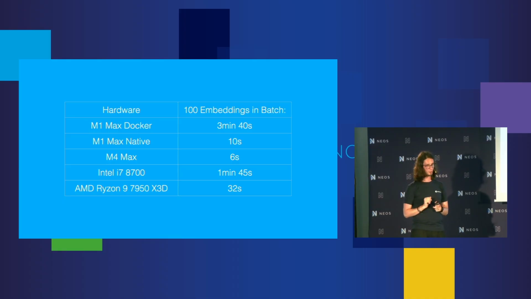Then I found a blog post telling me, don't ever try to use macOS and Ollama in a Docker container, because all the nice performance improvements that come with your GPU, with your neural processing unit on your machine, are all gone using Docker.